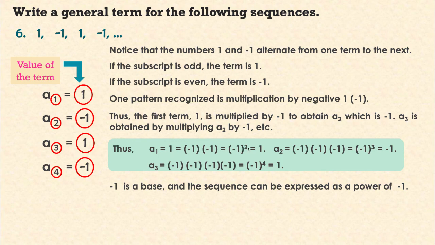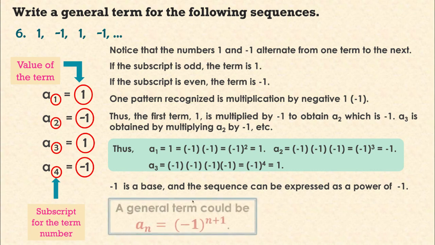That is just 1 plus 1. So n plus 1. Therefore, the general term here could be a sub n equals negative 1, the base, raised to the power n plus 1.